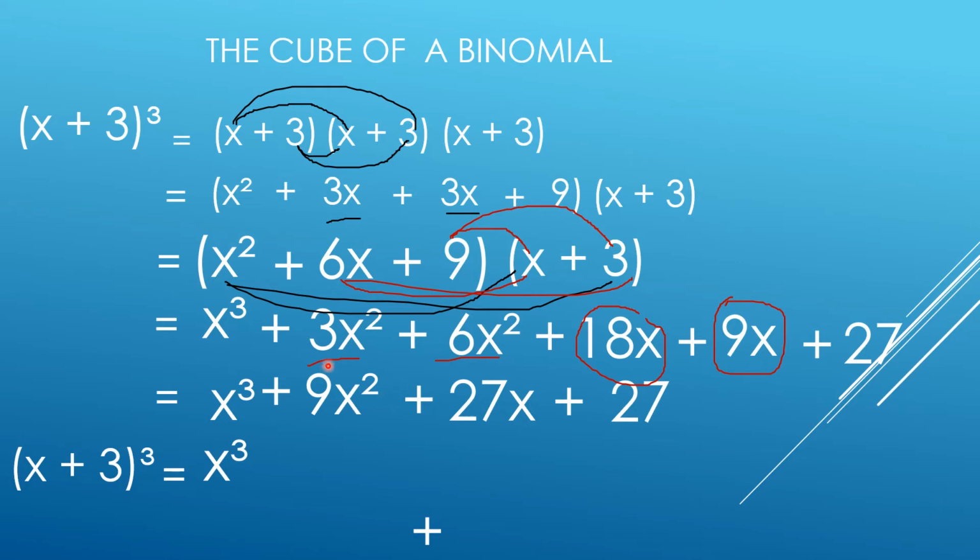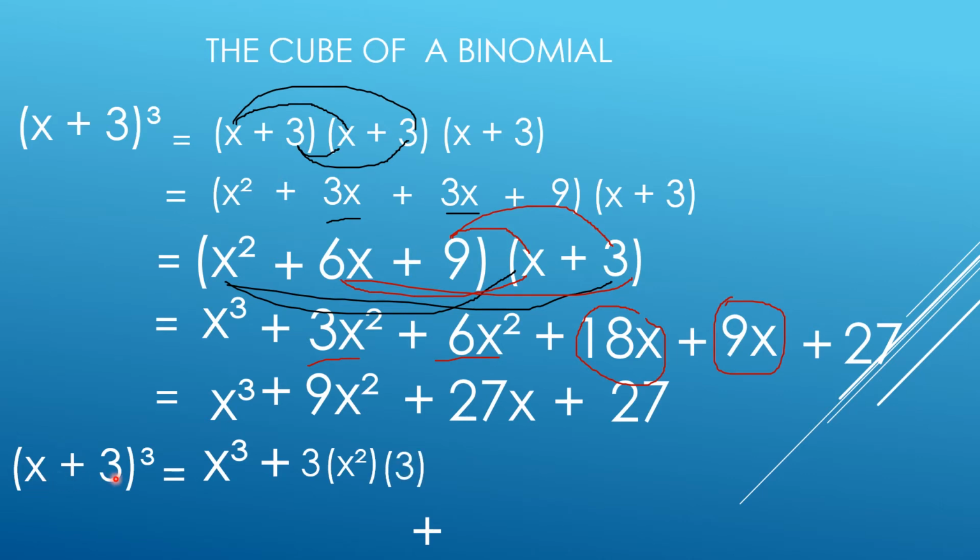Now, how are we going to get this 9x squared? To get the 9x squared, your pattern here is the exponent 3. So plus 3 times the square of the first term, because we have x squared, so times x squared.